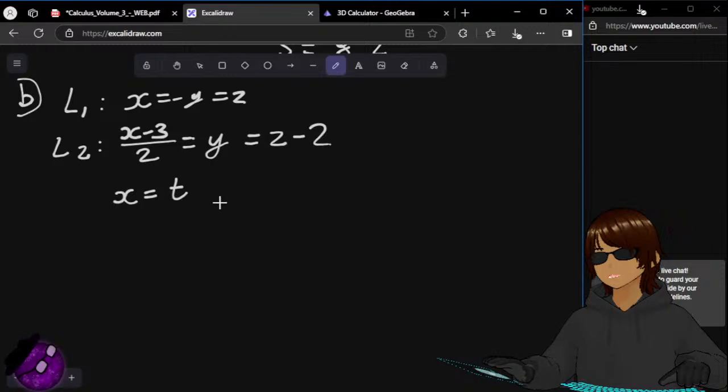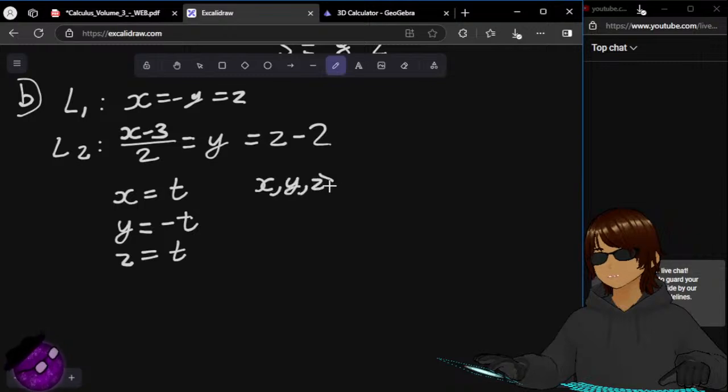x is equal to t, y is equal to minus t, and then z is equal to t. So (x, y, z) is (0, 0, 0) plus t(1, -1, 1).